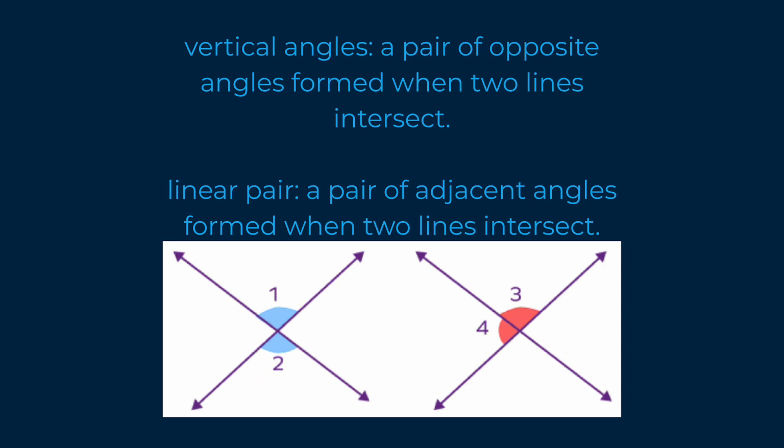So you have one angle, you have its opposite, and then you have two other angles adjacent to it. As you can see on these diagrams, angle 1 and angle 2 would be a vertical angle pair, while angle 3 and angle 4 would be a linear pair.